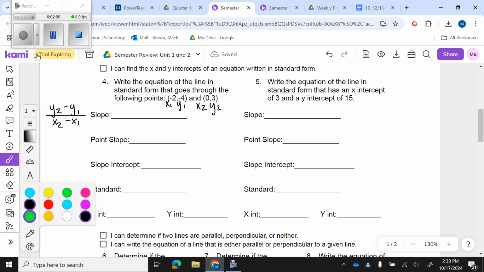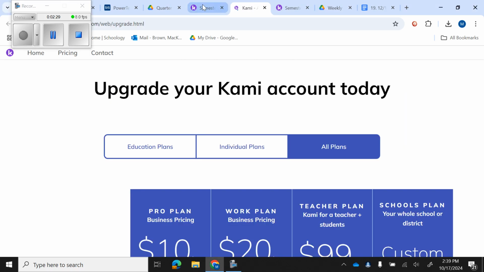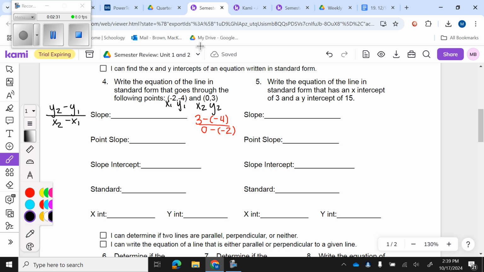So I'm going to have y2, which is 3, minus negative 4, over x2, which is 0, minus negative 2. I'm going to put this in my calculator, and I'm going to get a slope of 7 over 2.